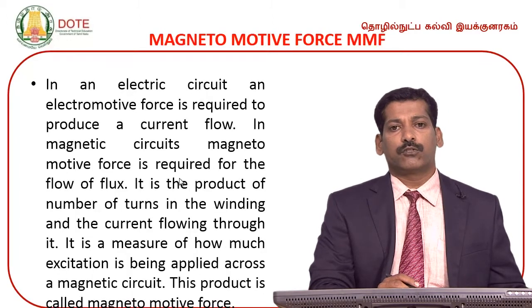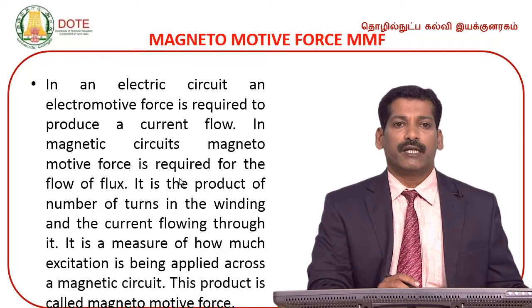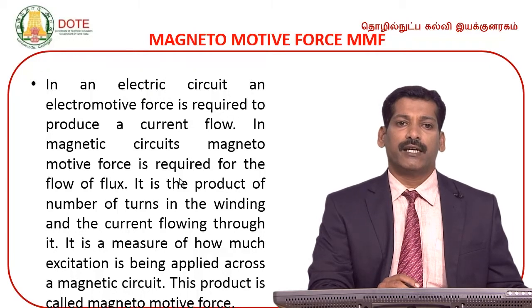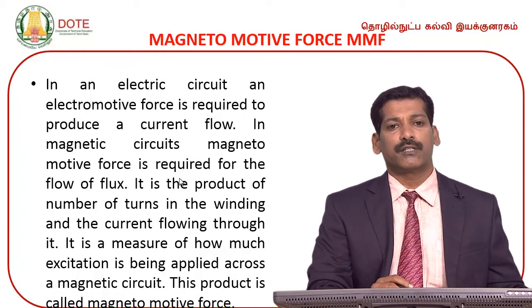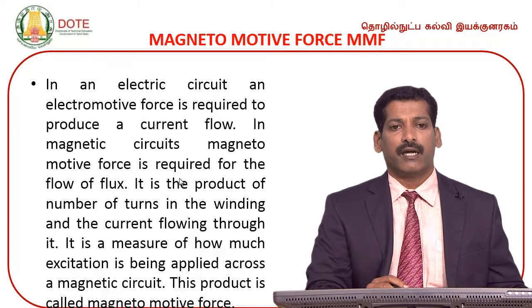Then magnetomotive force, mmf. In an electric circuit, an electromotive force is required to produce a current flow. In magnetic circuits, magnetomotive force is required for the flow of flux. It is the product of the number of turns in the winding and the current flowing through it.